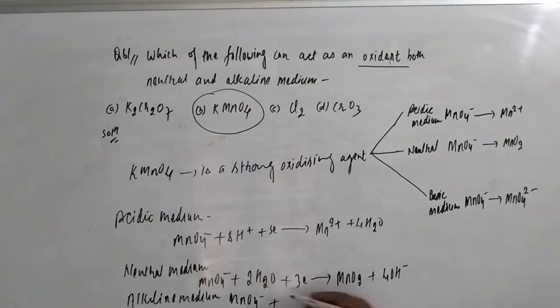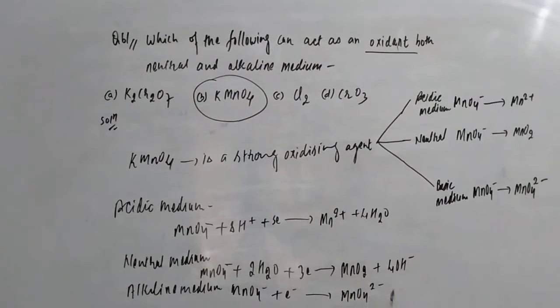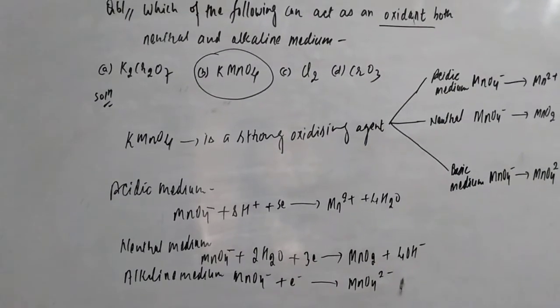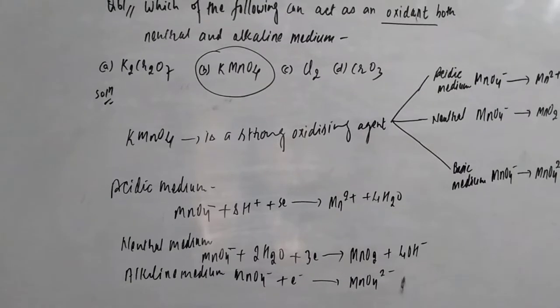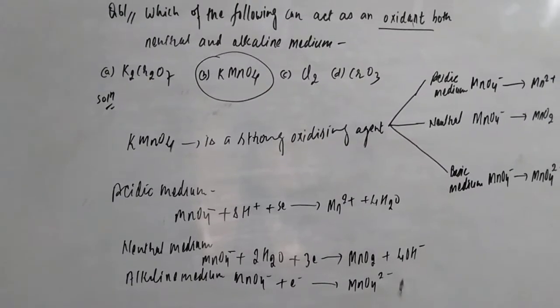It will take 1 electron and convert into MnO4 2 minus. So MnO4 minus plus an electron gives MnO4 2 minus. This is the alkaline medium.